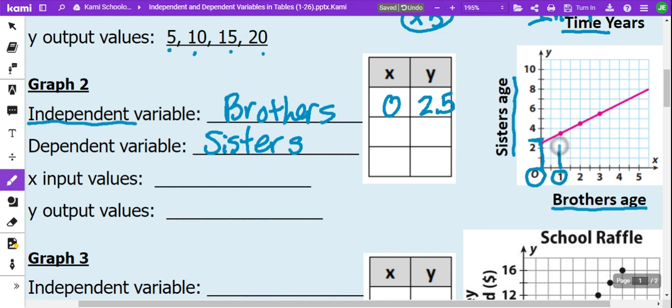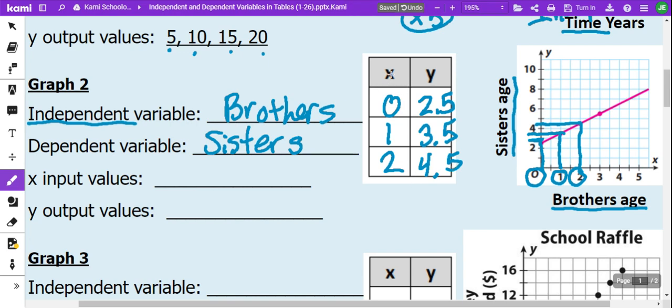And then when x is 1, that looks like about 3.5 for y. And when x is 2, so when the brother is 2 years old, it looks like the sister is older, and that looks like it's 4.5.